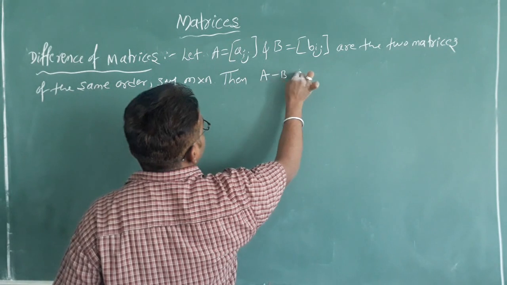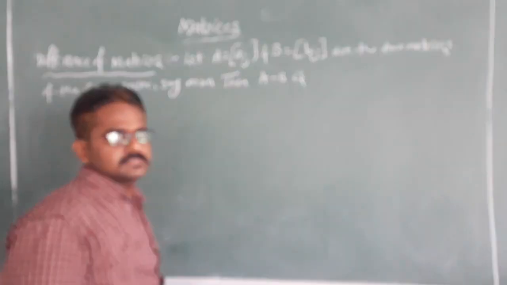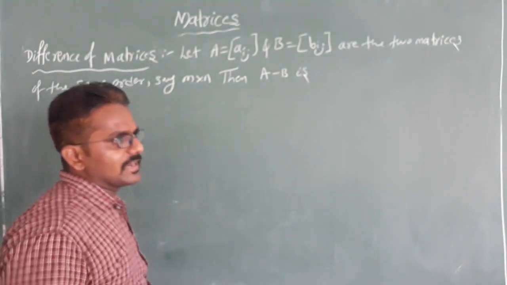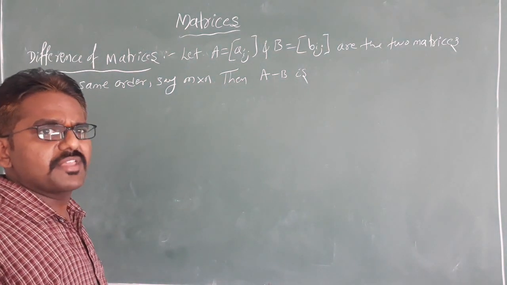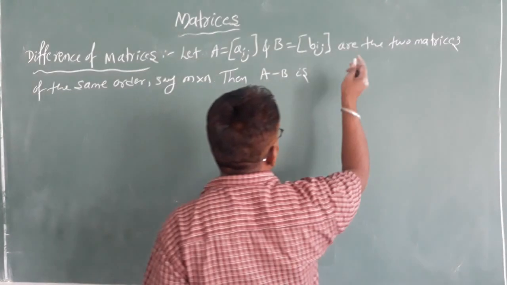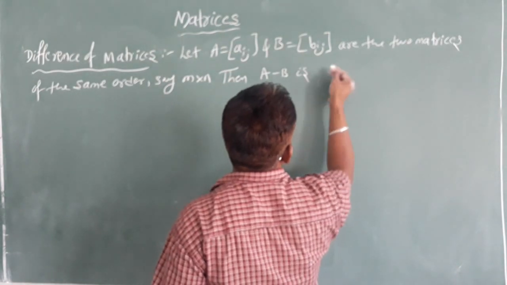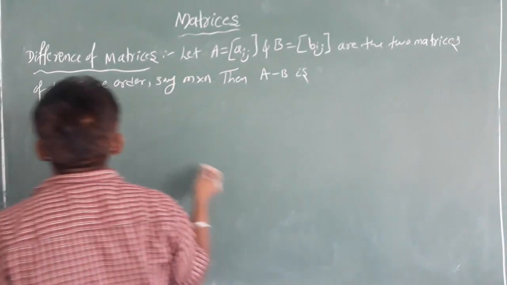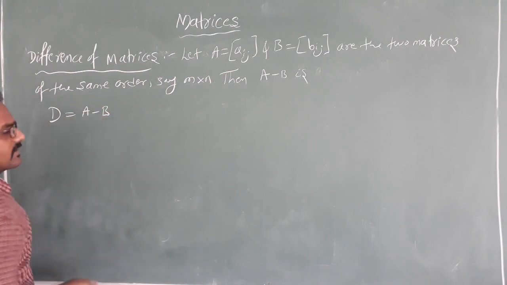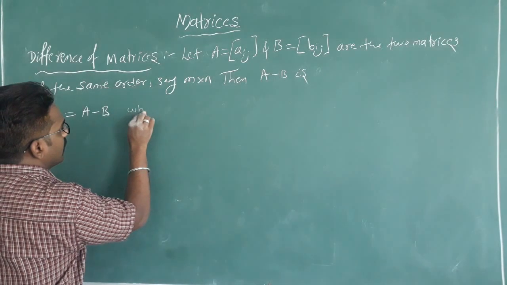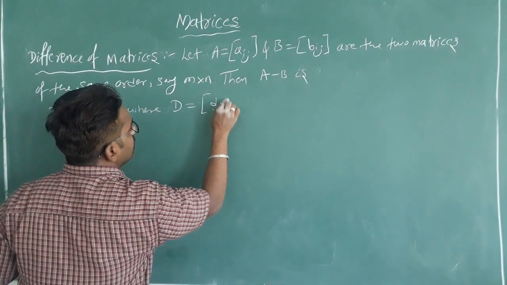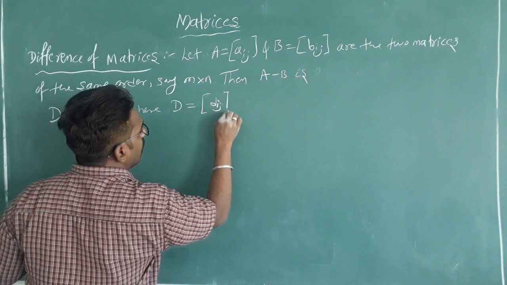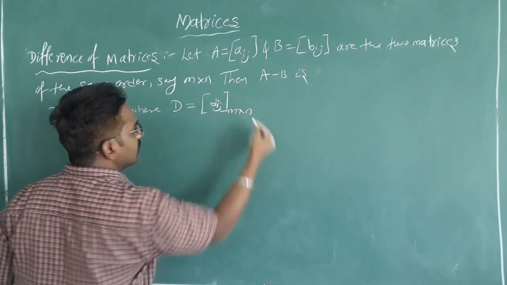Then A minus B is the difference of the two matrices, A minus B or B minus A, whichever value you can find. A minus B is D equal to A minus B, where D equals Dij of the order m by n only.